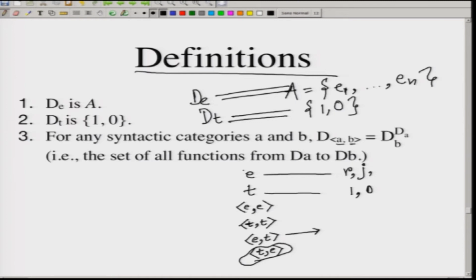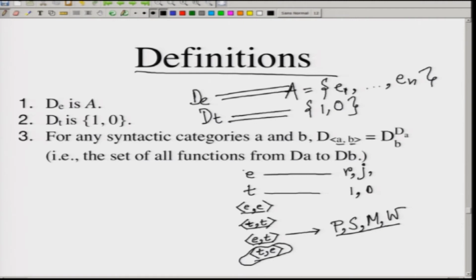So, this is the first step of the recursion, that is the first steps are E and T. Then we can have all these things, E to E, T to T, E to T, T to E, and all that. What could be E to T? We'll take some time for seeing that, but we'll see that all 1 plus predicates, like for example, philosopher or smokes or man or woman, all these 1 plus predicates actually do belong to this type.